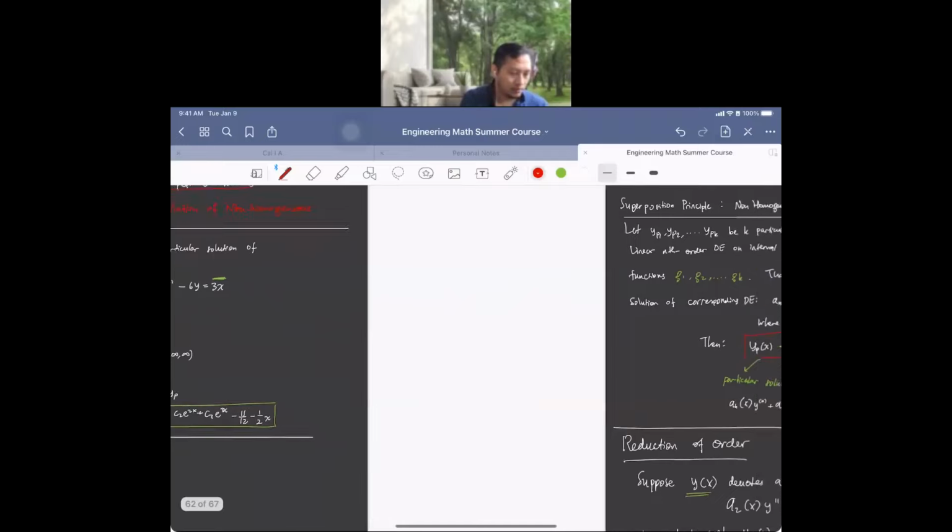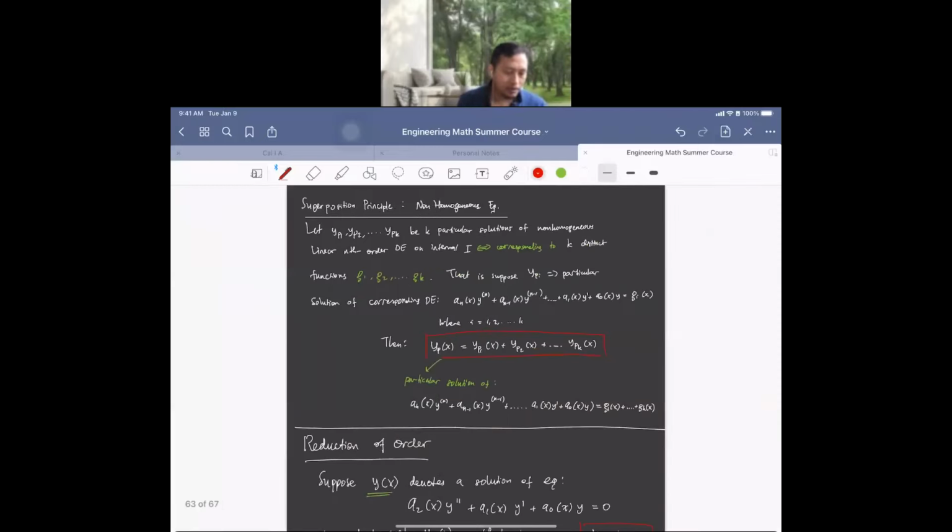We also have the superposition principle for non-homogeneous equations. Suppose that yp is the particular solution, and there are several solutions for the particular solution.